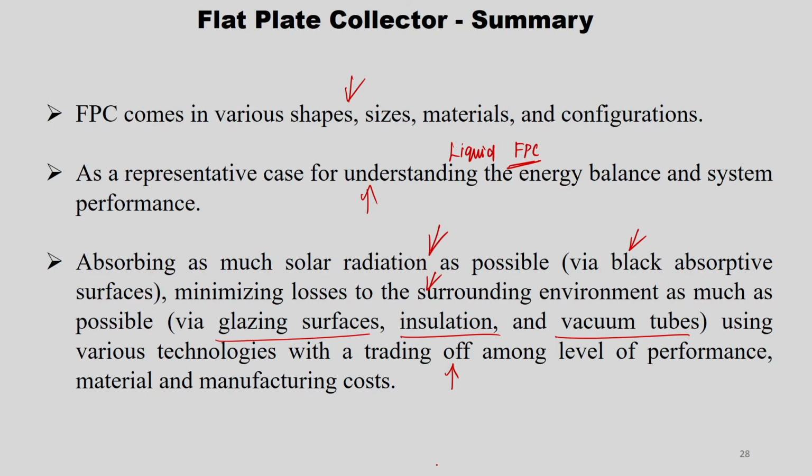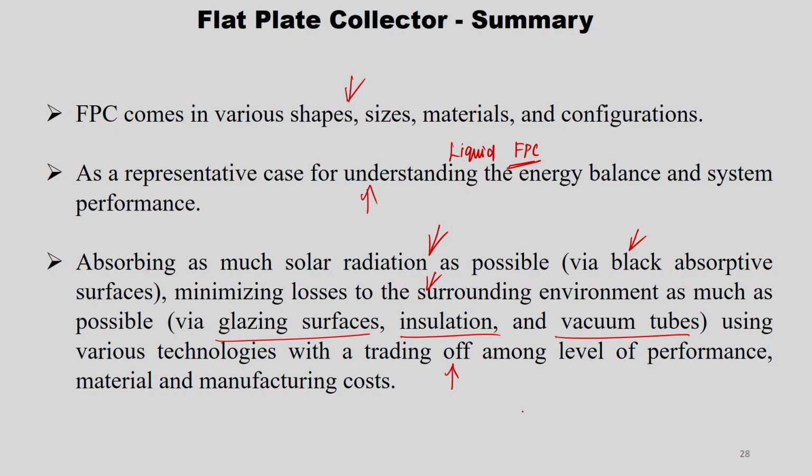We would say the flat plate collector would be the best to collect solar radiation for low temperature applications. Then we will see certain modifications, the solar air heater and its applications in the next lecture. Thank you.